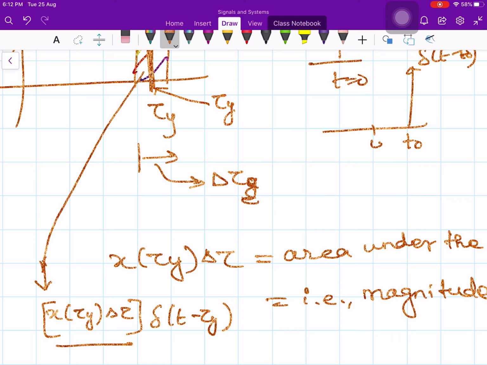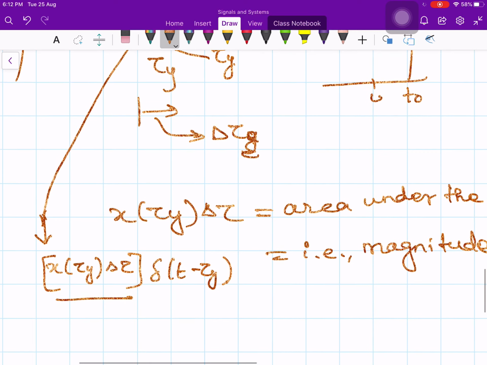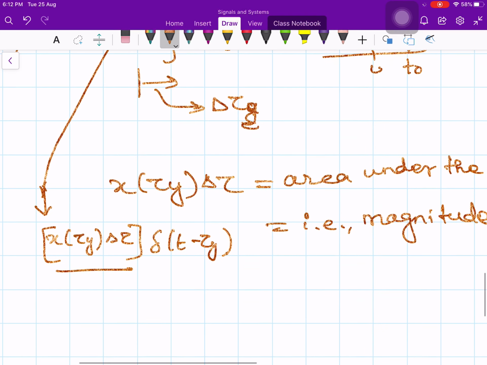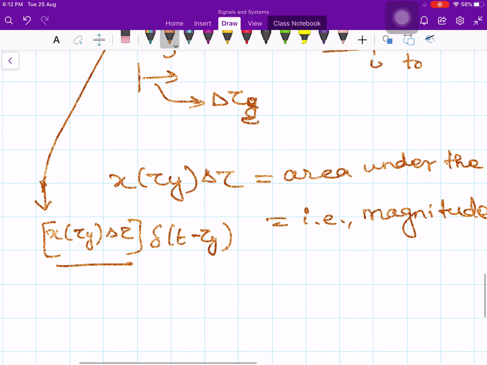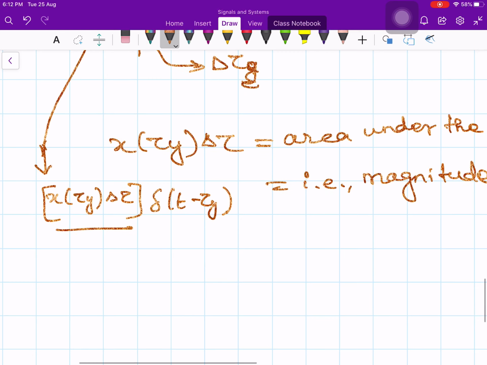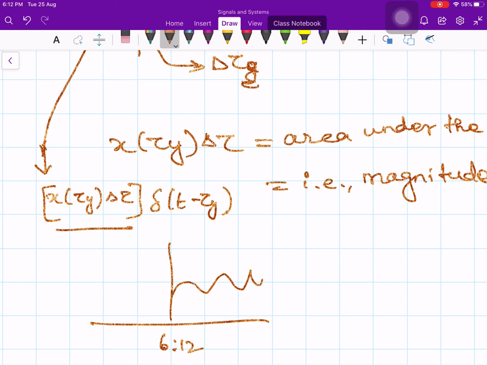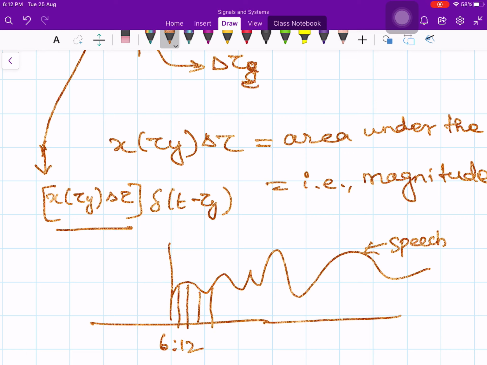So in your x of t, there are several such impulses over the whole duration. Let's say your speech starts at this time, let's say 6 o'clock 12 minutes, then you start to speak, and this is your speech signal. Now you have a number of impulses like this. There are hundreds of impulses, so you need to add all the impulses.